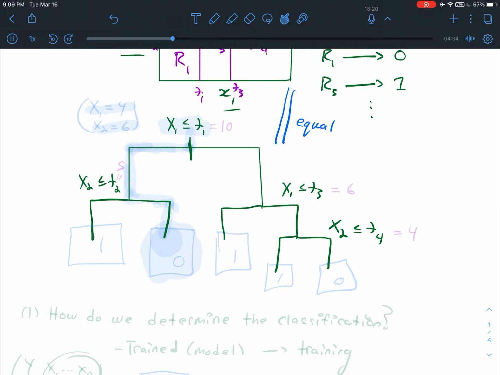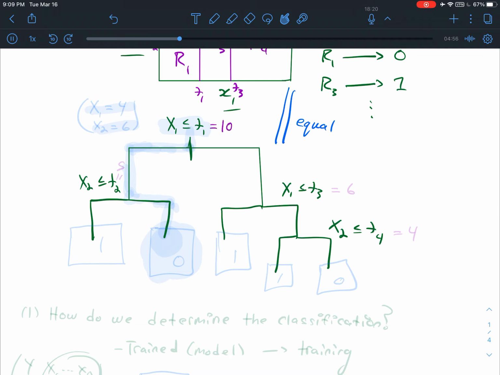Although this tree is really easy to understand. When you have this tree, all you have to do is give me a number. Actually, let's give numbers to all of these.